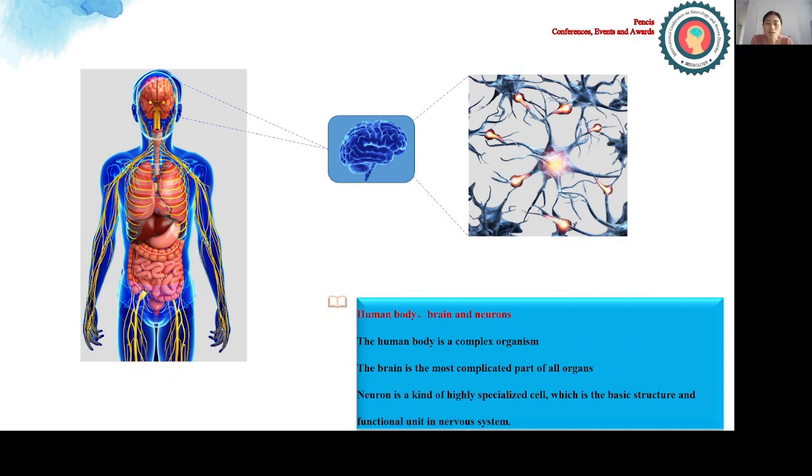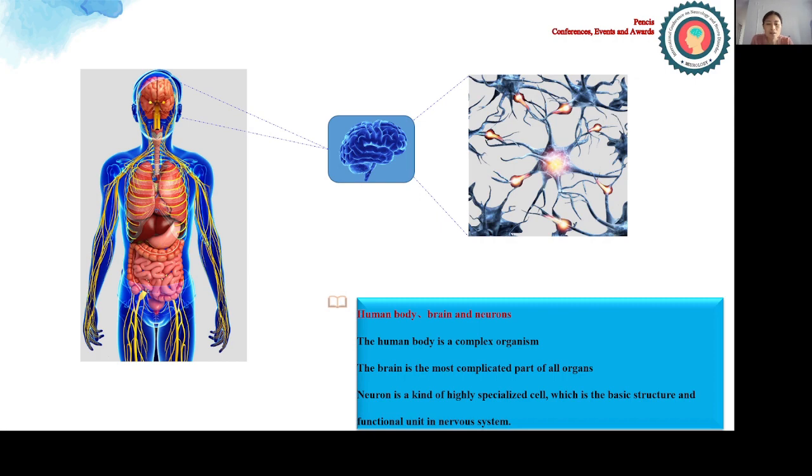The human body is a complex organism. The brain and the spinal cord are central parts of the nervous system. The brain is the most important and complicated part of all organs. It is composed of a large number of neurons.